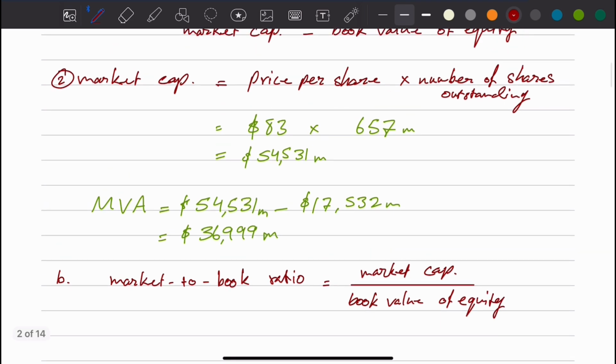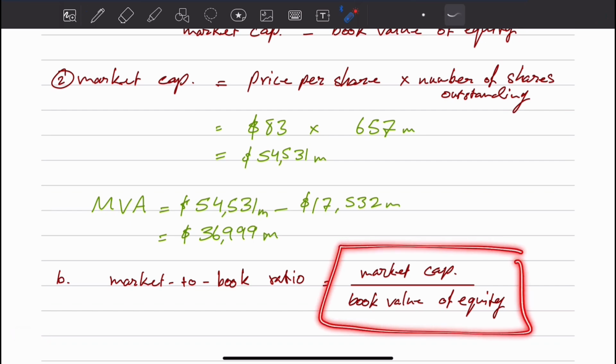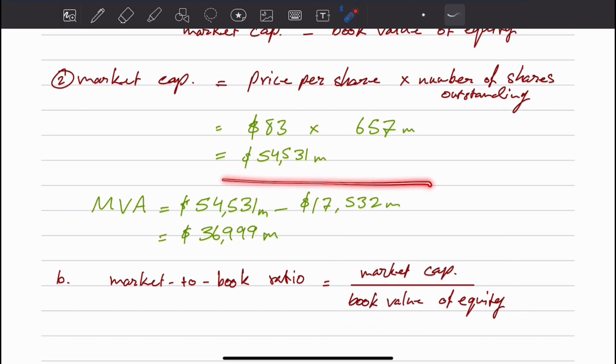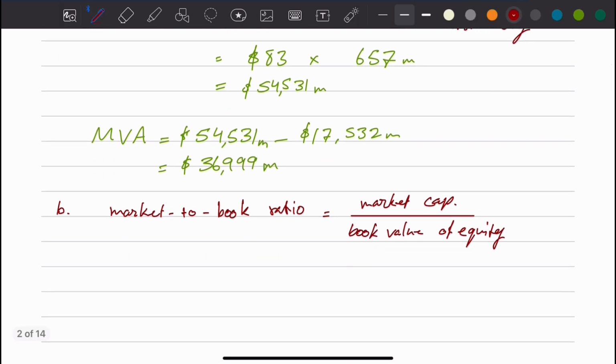Okay, and as I said, we already have these two figures from our market value added formula right here. So we will substitute. This should equal 54531 million, divided by 17532 million.